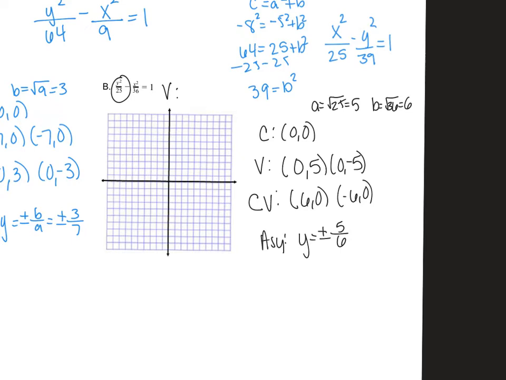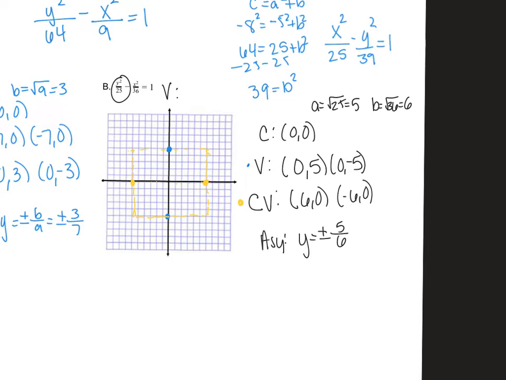So let's go ahead and plot our vertices. My vertices are at 0, 5, 1, 2, 3, 4, 5, and negative 5. Let's do my yellow. Co-vertices we'll do in yellow this time at 6, 0, 1, 2, 3, 4, 5, 6, and negative 6, 0. Let's create that hypothetical box to help us graph our asymptotes.